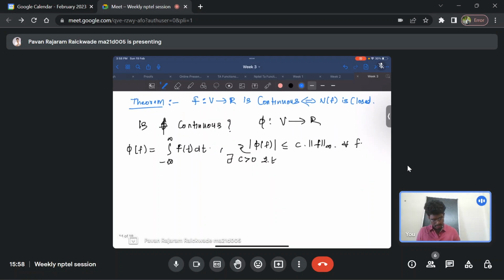So what you can try is to think about functions like this. From minus n to n, you put a constant 1, then you degrade it linearly down from minus n minus 1 to n plus 1, and further on it's identically 0.